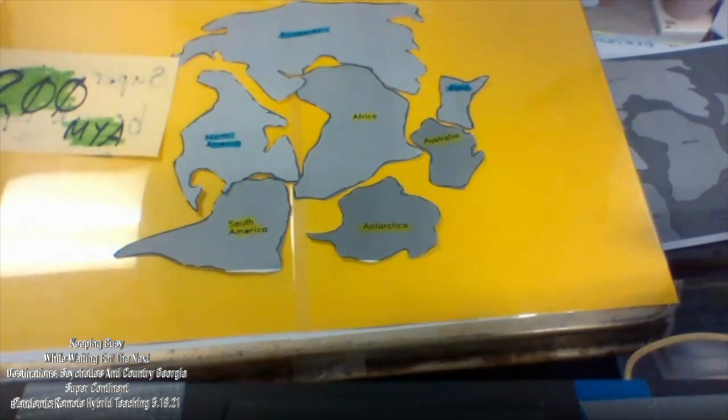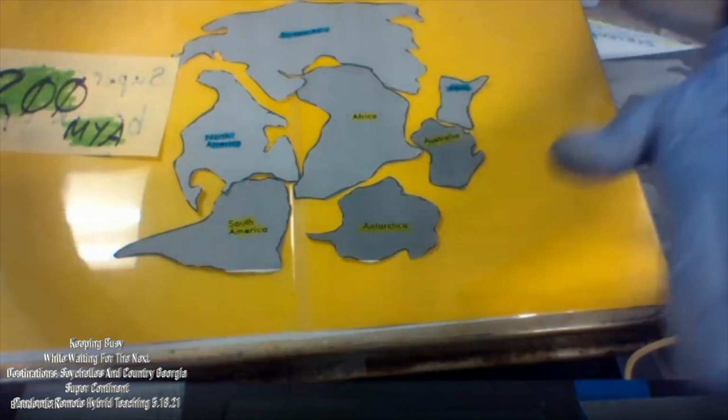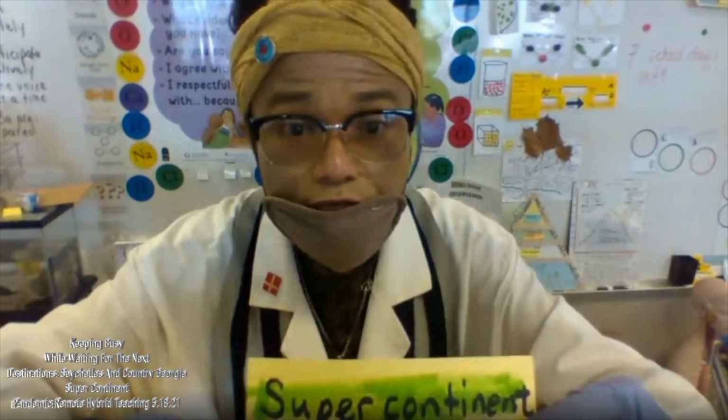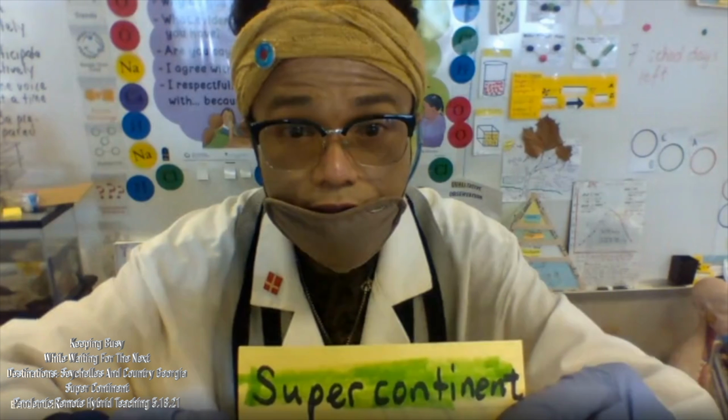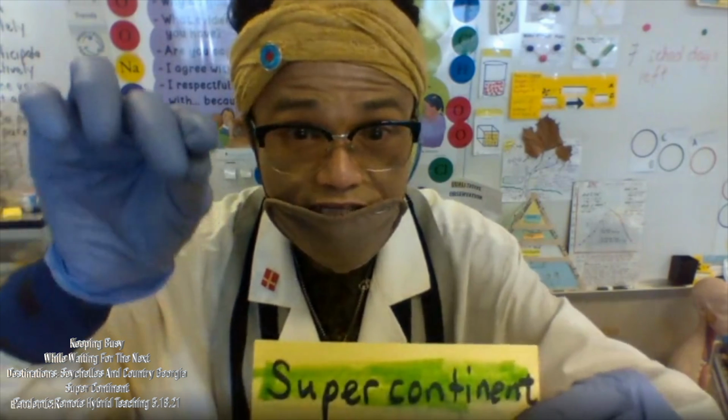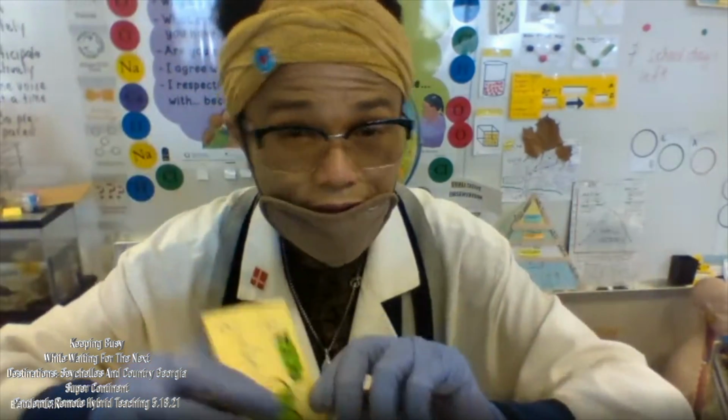Okay, now this is all I have in terms of putting the supercontinent together. So all these continents, Asia, Europe, were very close to each other many years ago.